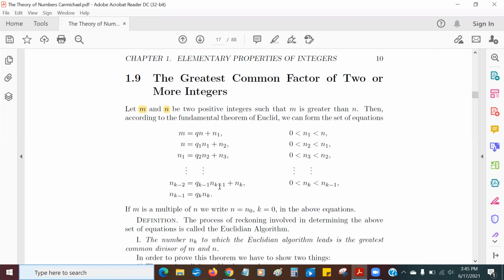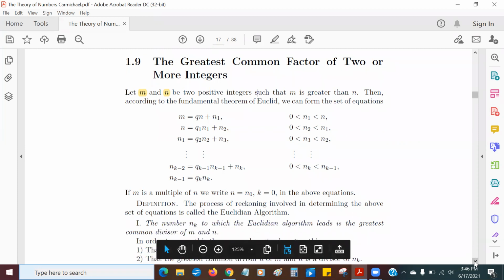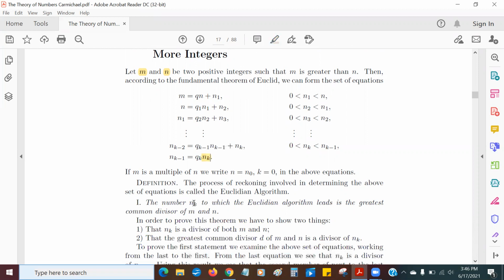And then this last one, n(k-1), is equal to some final quotient times nk. Let me highlight the nk, just to show this new number nk right there. It is going to be the GCF.